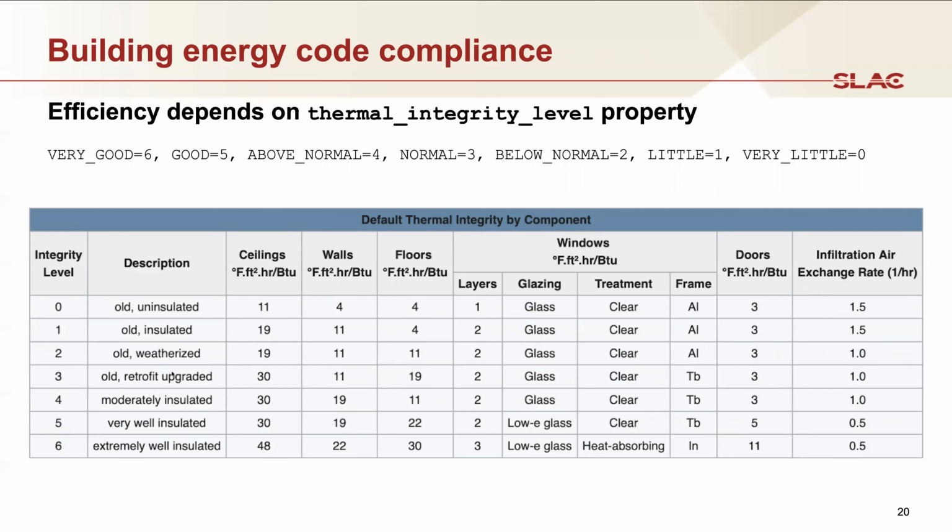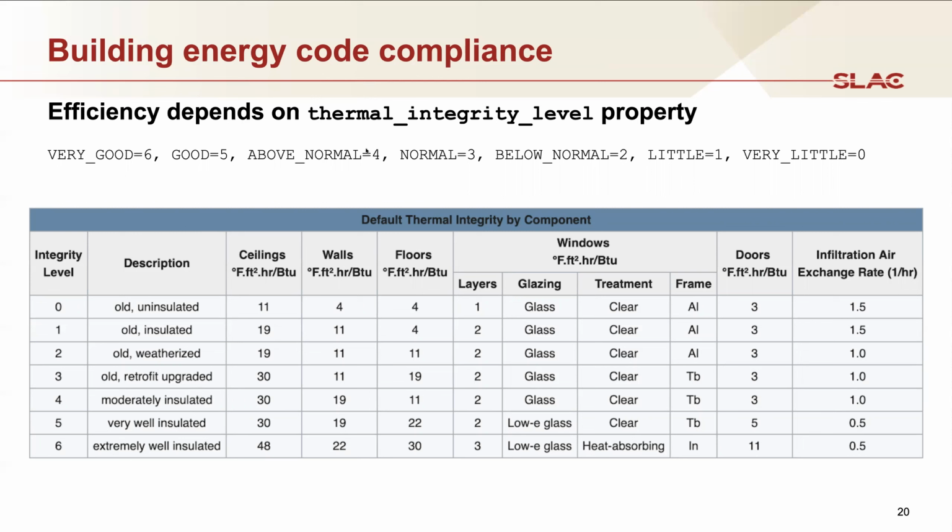If you've got buildings that are sort of below par, then you can use below normal, little or very little, just to represent varying degrees of building performance degradation, leaky windows, poor insulation, and so on.